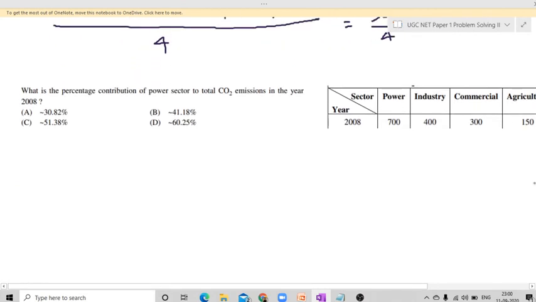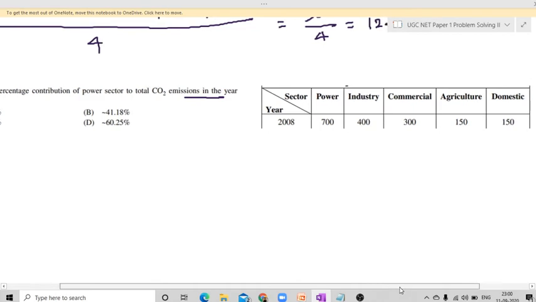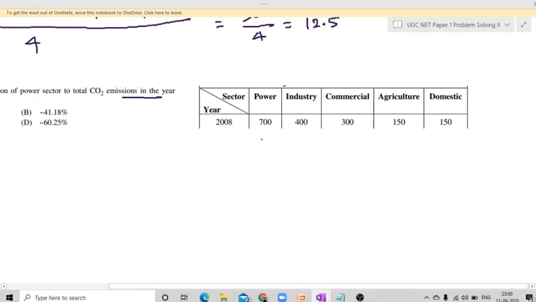Question number 5 we have. Here our question is, what is the percentage contribution of the power sector to the total emissions in the year 2008? So we are asked to find the year 2008's total, and out of which the power sector is occupying how much.